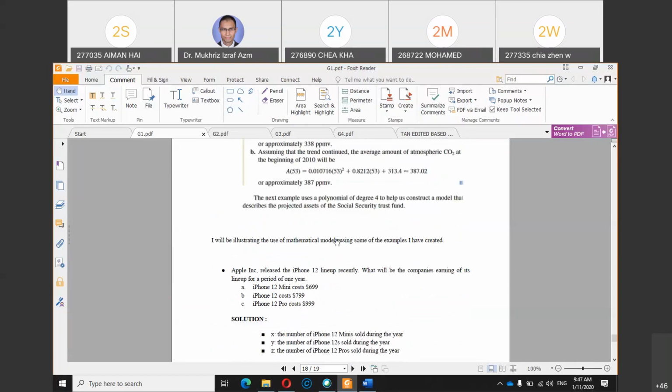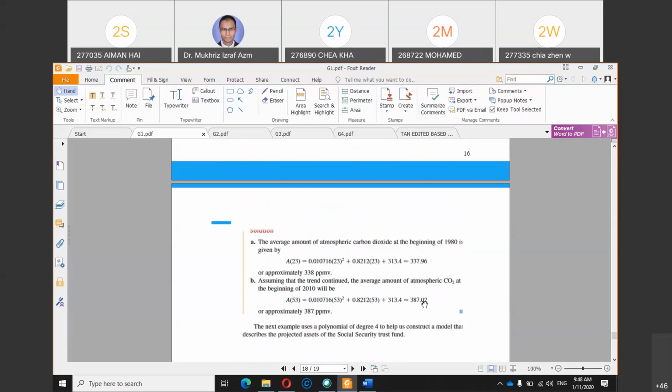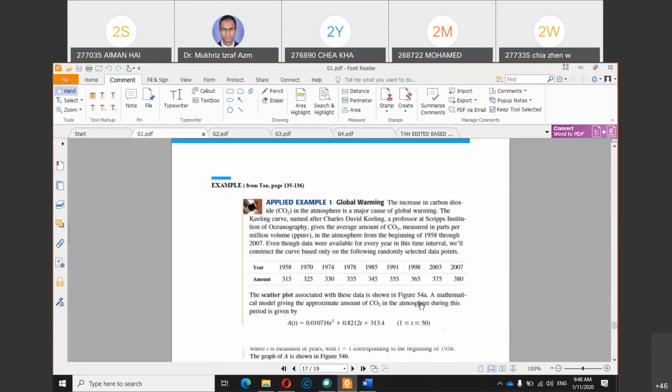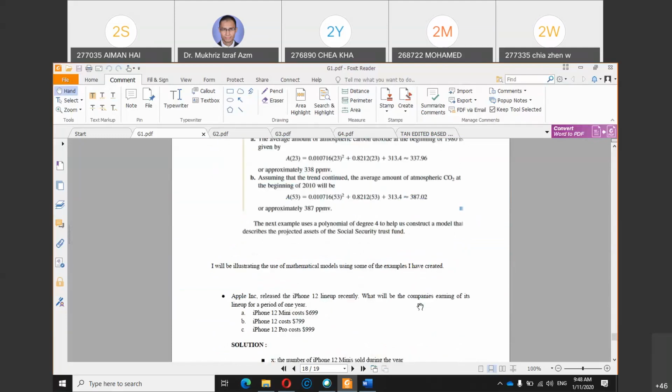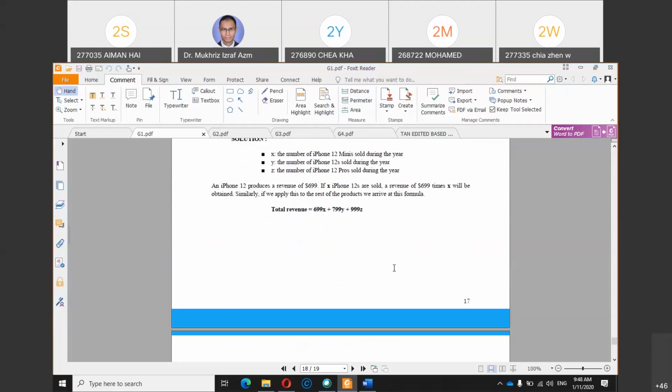If you took or were inspired by this example from any book, you need to mention which book this example is based on, because it's not mentioned in your solution. Suddenly you have this example, I mean, this question and solution.